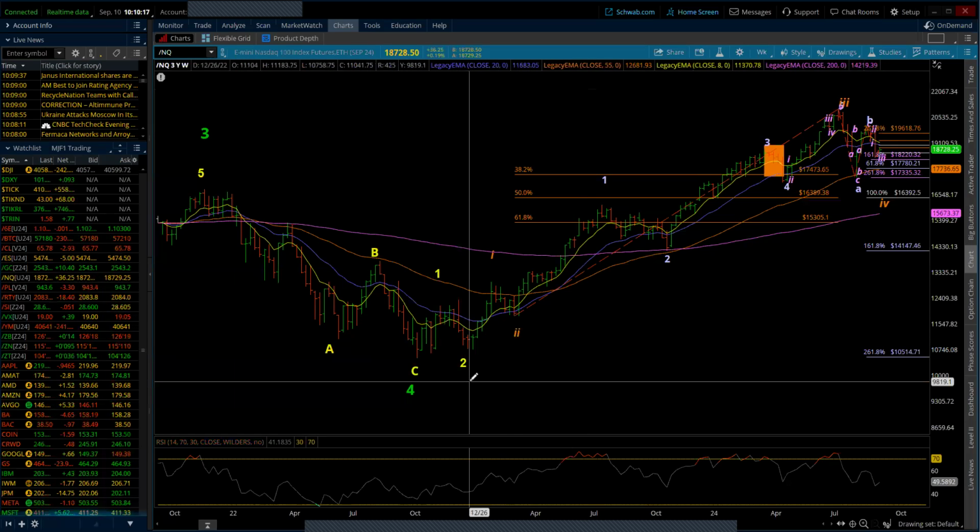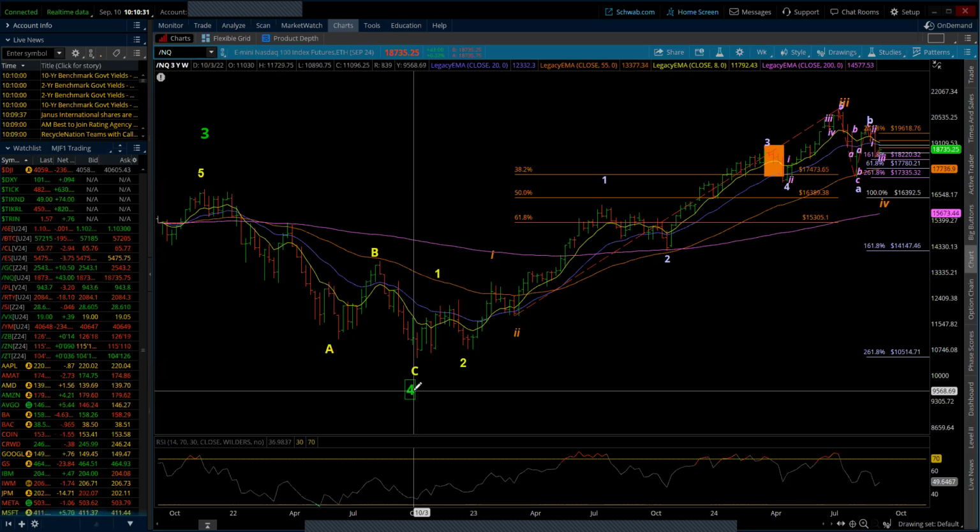That will then complete intermediate wave 3. We come back down in an intermediate fourth wave. And then once that's complete, we go back up in an intermediate fifth wave again to new all-time highs. And that will then complete the primary fifth wave. Then we have what sits on top of that.